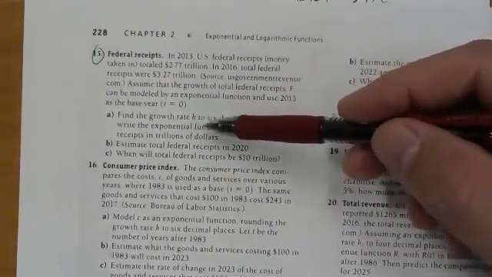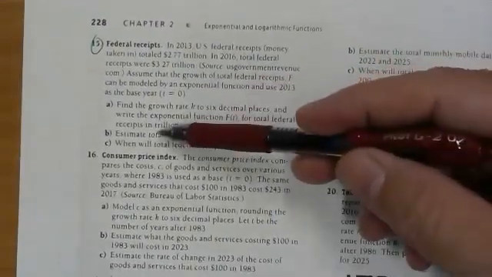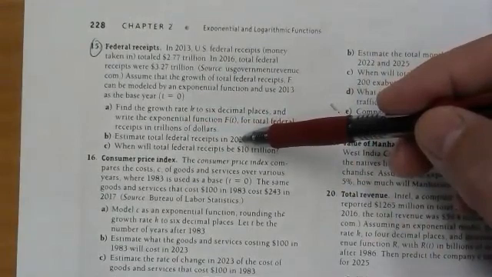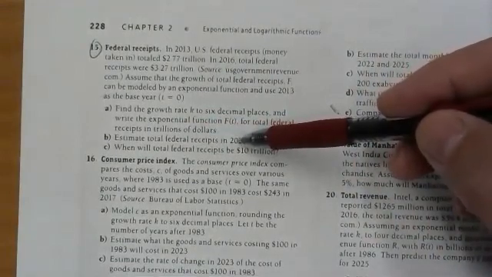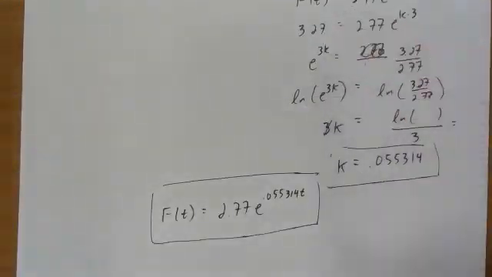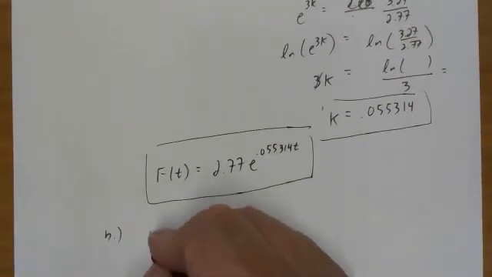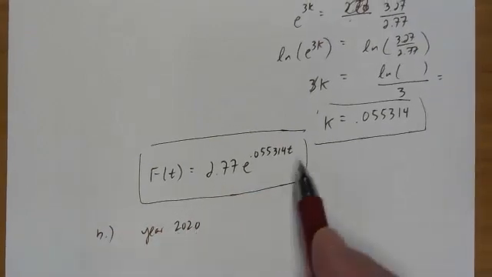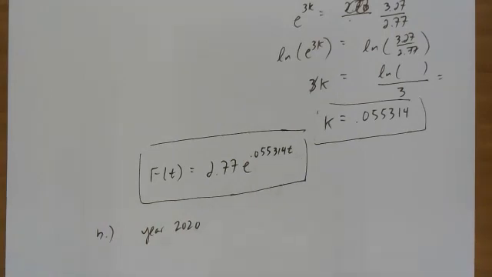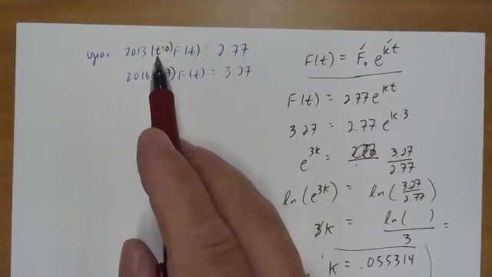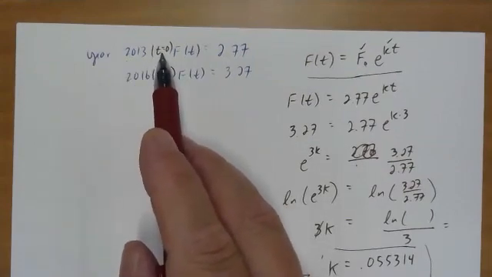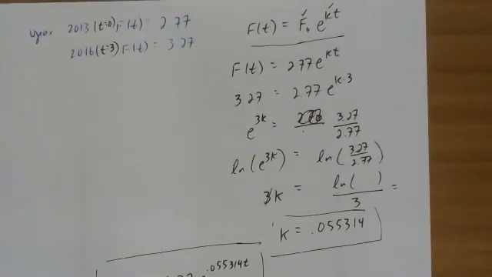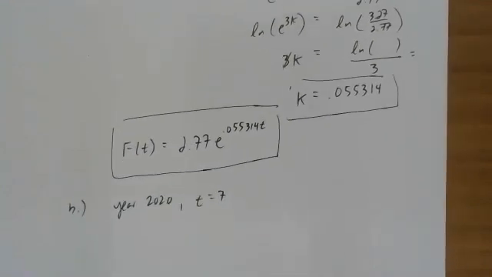All of that was part A. I found my k, and then I found the function. Now let's say estimate total federal receipts in 2020. So now they give me a specific year and ask how much money came in during 2020. Please don't plug in 2020 for t, because you have to remember the clock started at 2013. t equals 0 at 2013. We're talking 2020, so t is going to be 7.